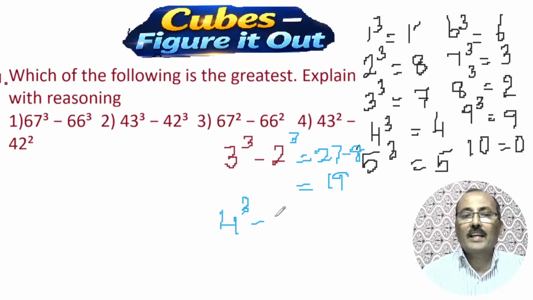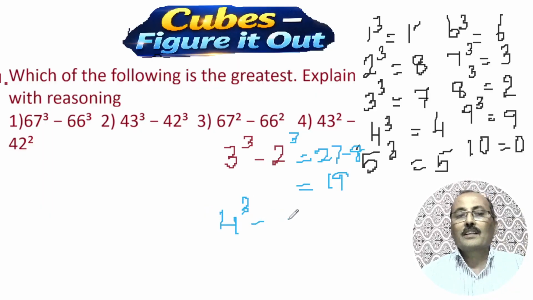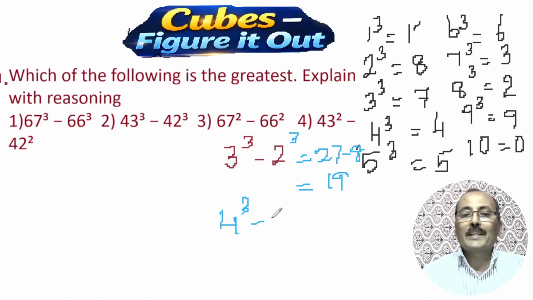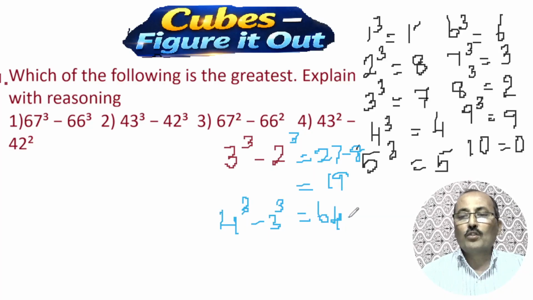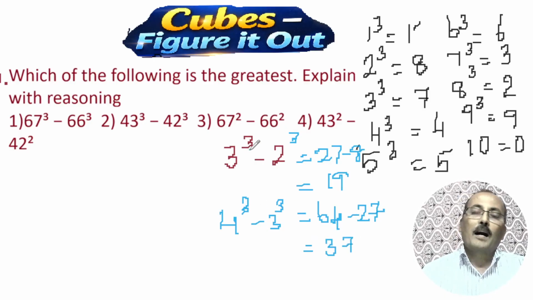Because instead of multiplying that much big number, we will take 4 cube minus 3 cube, equal to 64 minus 27, that is nothing but 37. Here, which is the largest one? Among these, the larger number pair is the largest. So here also it must be 67 cube minus 66 cube.